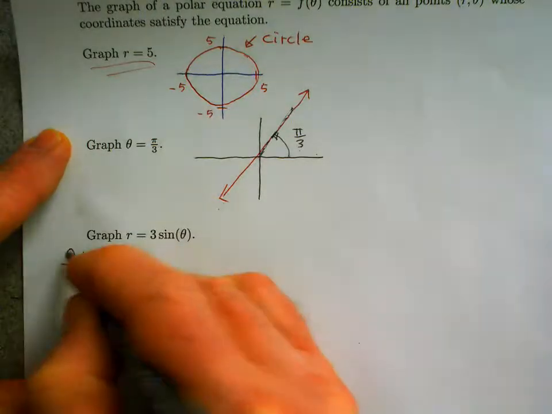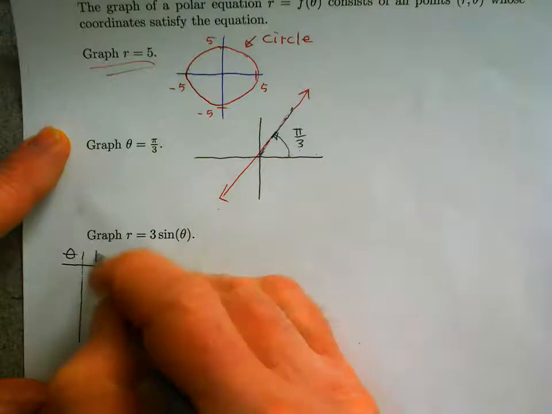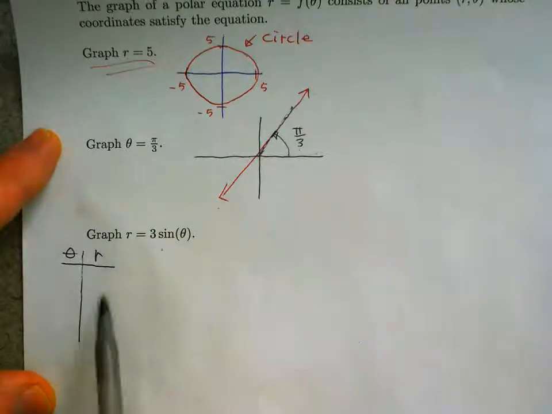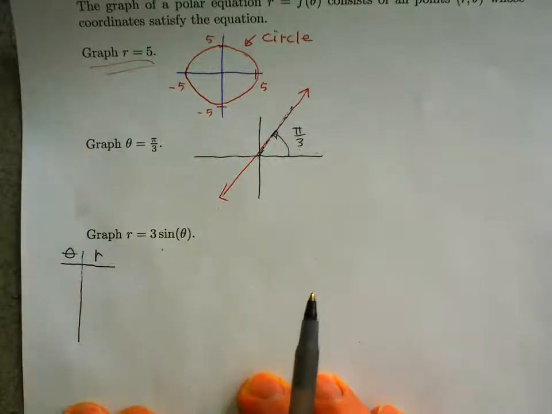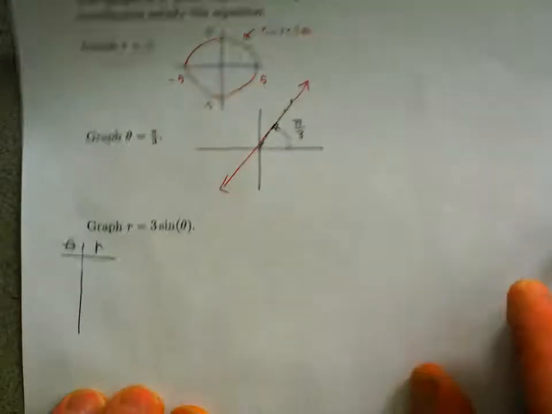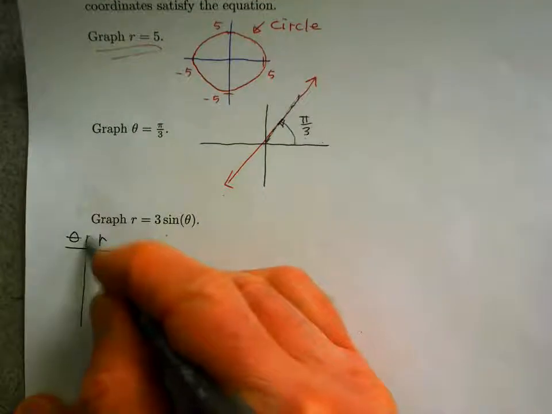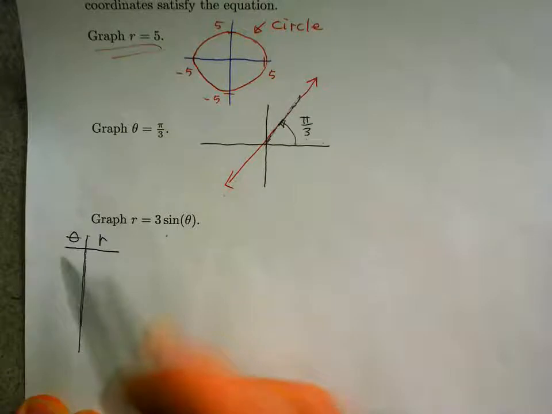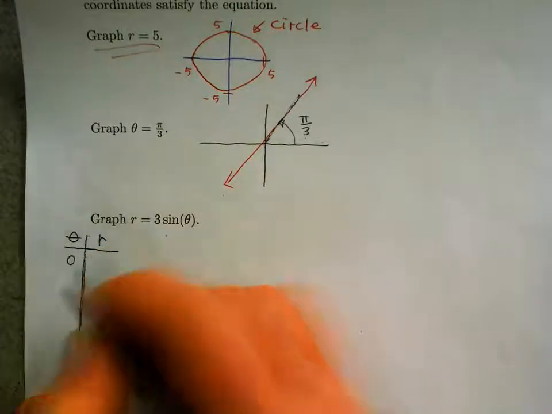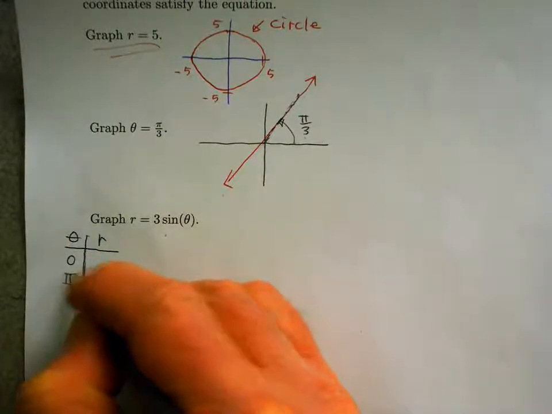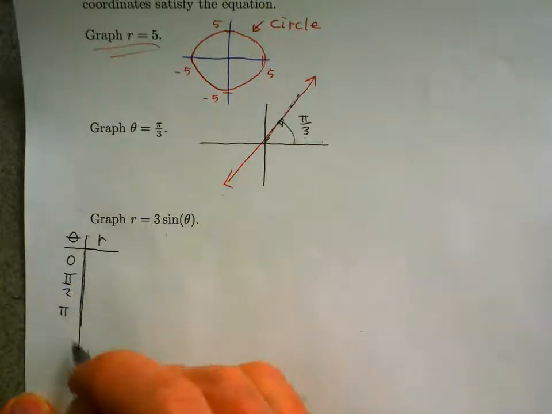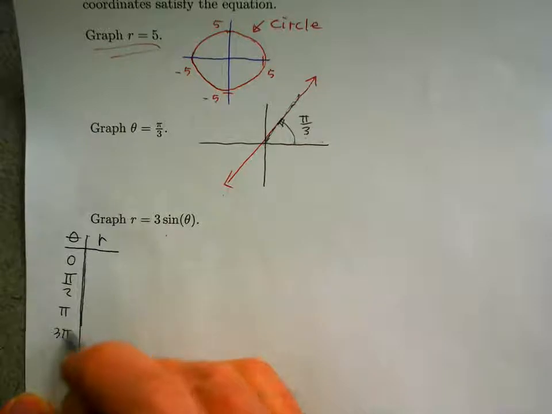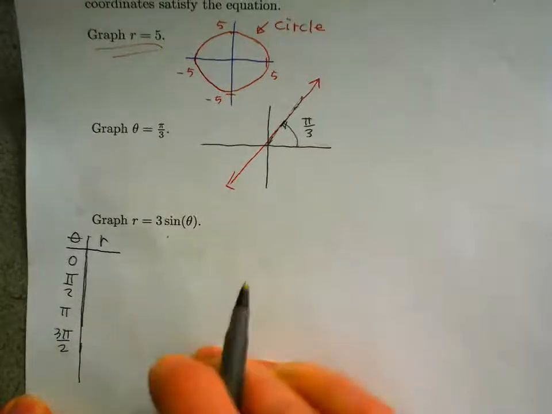We'll pick some theta values, use the equation to find the r values, and then plot them as a polar curve. To start with, let's pick theta to be 0, pi over 2, pi, then 3 pi over 2, and 2 pi.